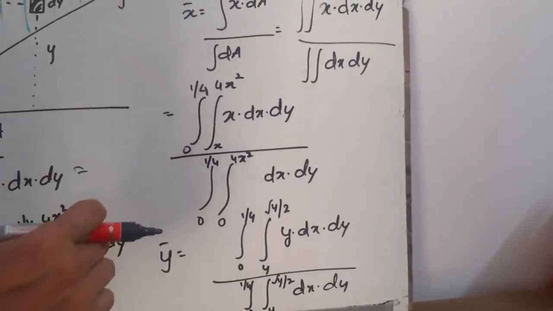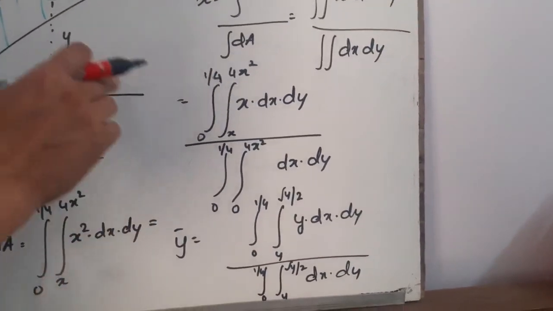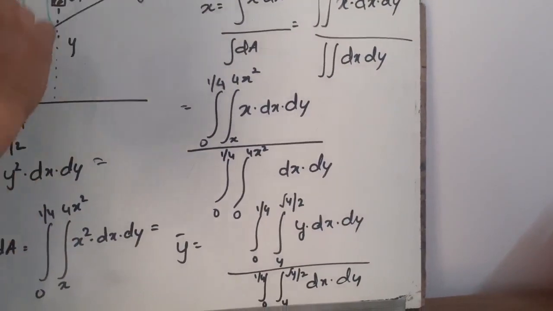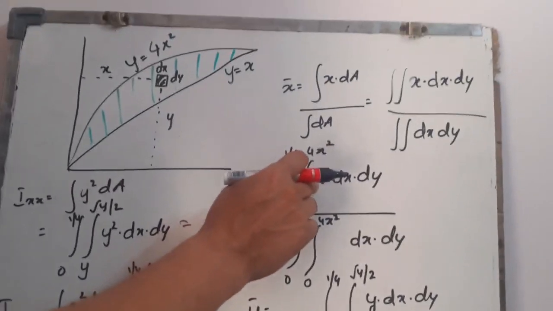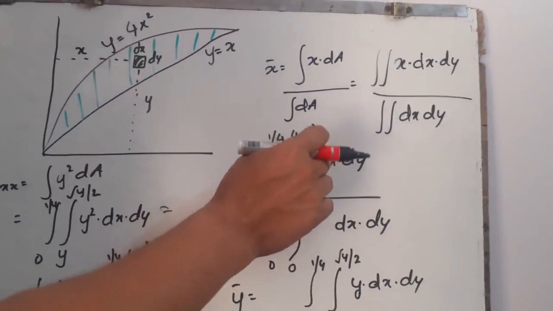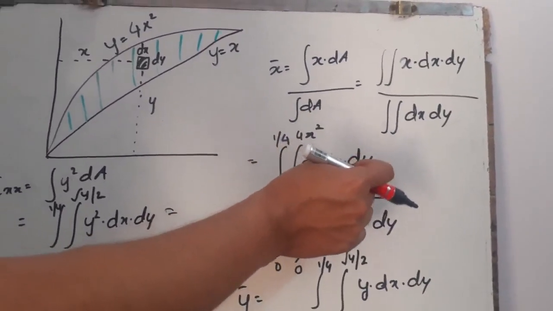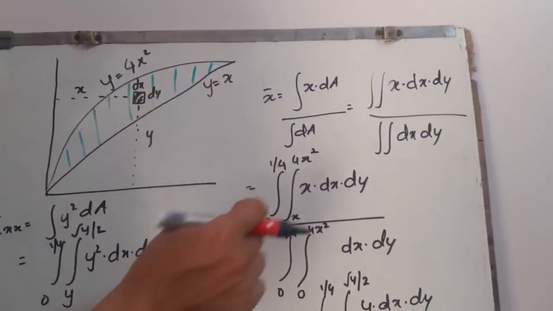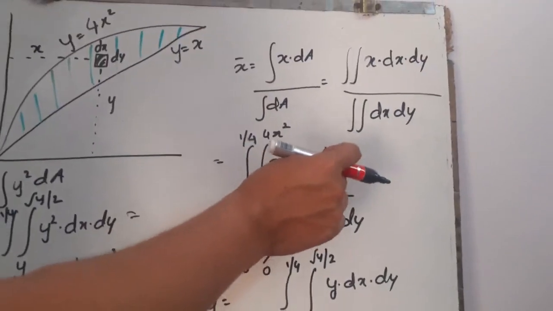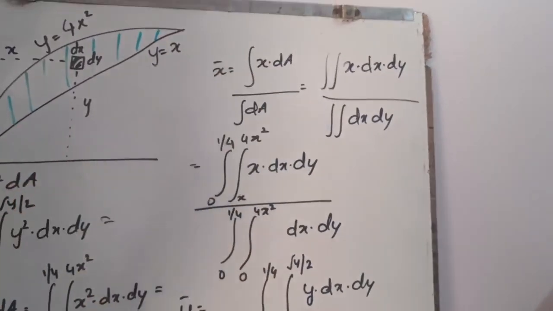If you put these into the equations, you will see that it is x into dx into dy. So that means dy will be integrated first. When dy is integrated first, we need to find out the limits of y.